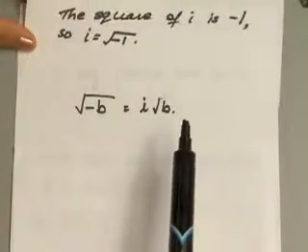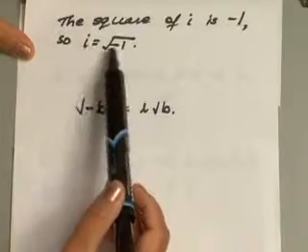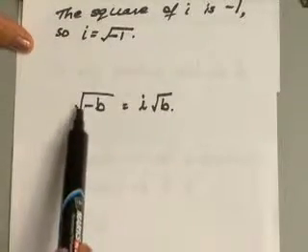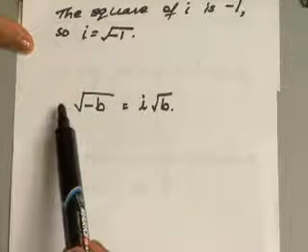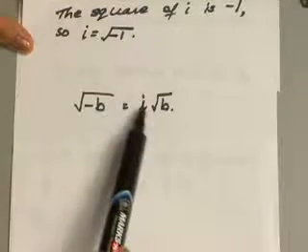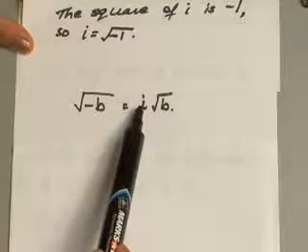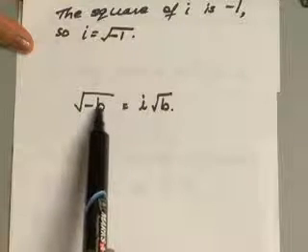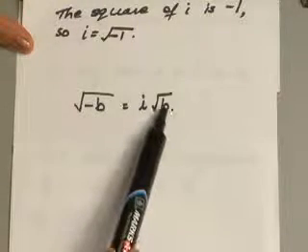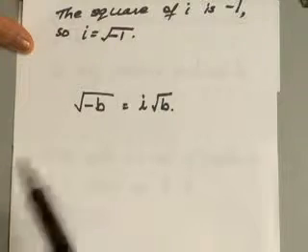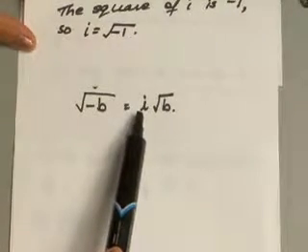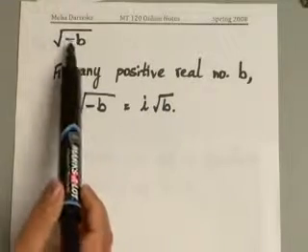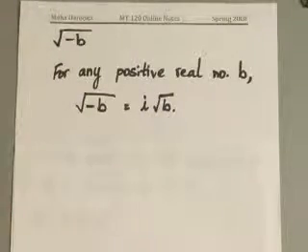That's because if i is the square root of negative 1, the square root of negative 1 will become i, and once you take that negative sign outside, all you are left with is just the square root of b. So this is the idea behind how to use the number i to work with radicals of this form.